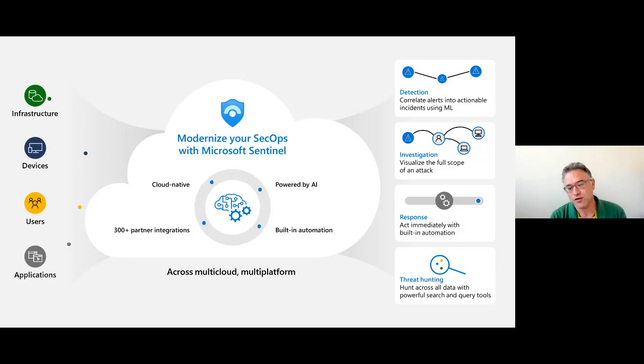Respond automatically, respond manually. There's a lot of built-in automation in Sentinel, and of course also hunt for the threats, meaning being proactive and not just reactive to actual incidents. And that's more or less what the platform Sentinel offers.